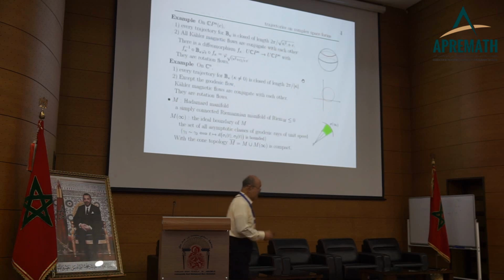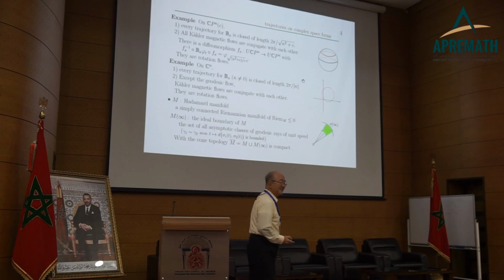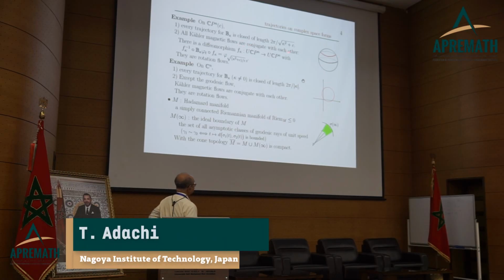Now, I'd like to recall the features of trajectories on complex space forms. I'm sorry, this was also explained by Professor Munteanu, but this is a very key point I'd like to explain again. On the complex projective space of constant holomorphic sectional curvature C, every trajectory is closed, of length 2 pi over the square root of kappa squared plus C. The feature is this: all Kähler magnetic flows are conjugate with each other.